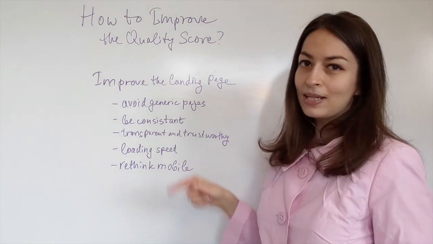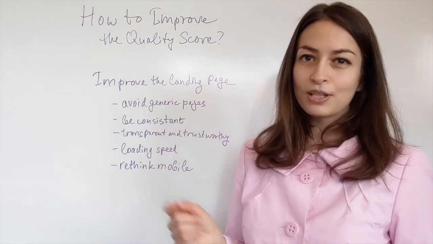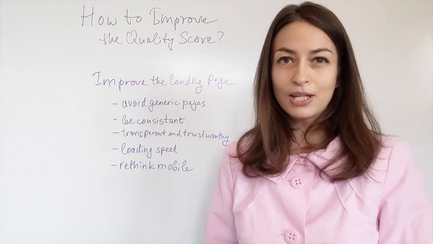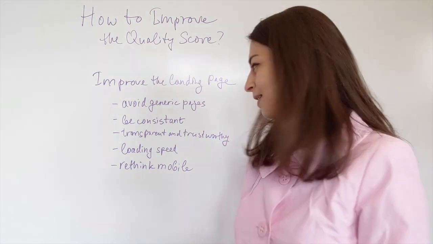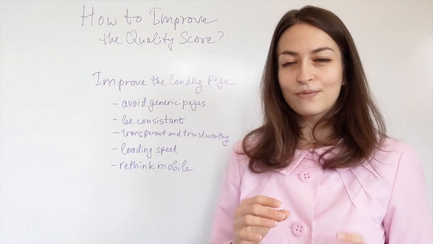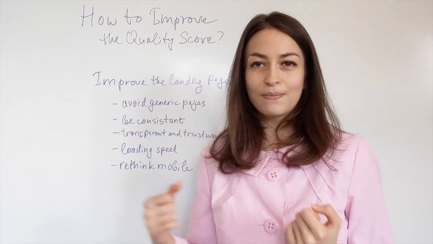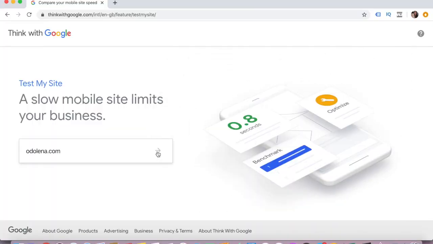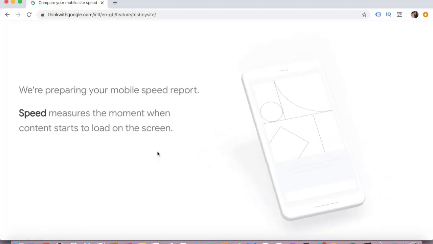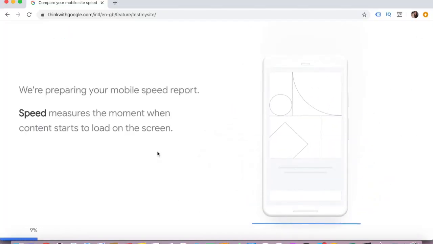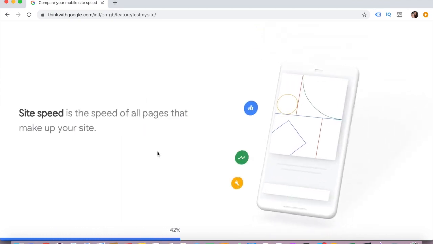Then loading speed. It's quite important to have a fast loading landing page, especially considering the mobile experience. There are really useful resources like Test My Site, which is powered by Google, which is a really great way for you to check how your web page is actually ranking on mobile and how long it takes to load.